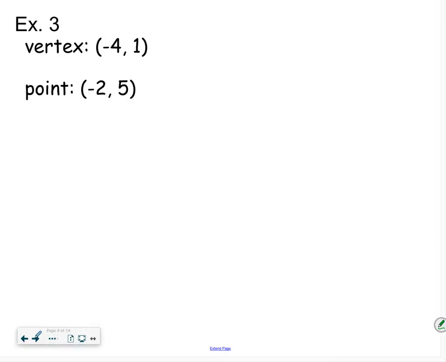Okay, try that one. Wait, but it says we have 14 cells. That's the review problem. Is this Vertex or Intercept? Vertex. Could have said vertex up there.